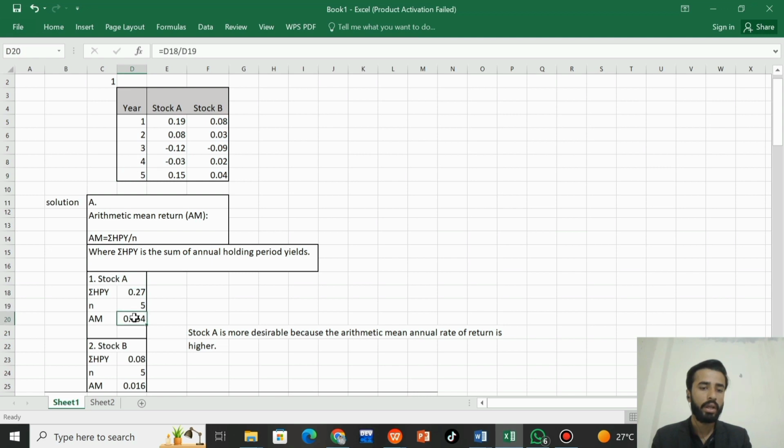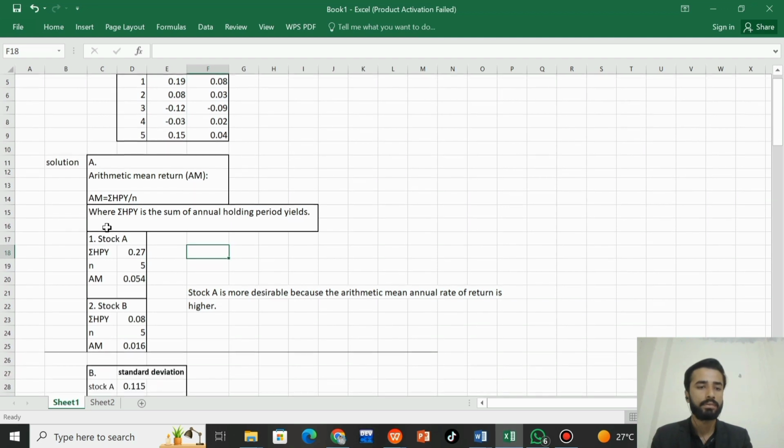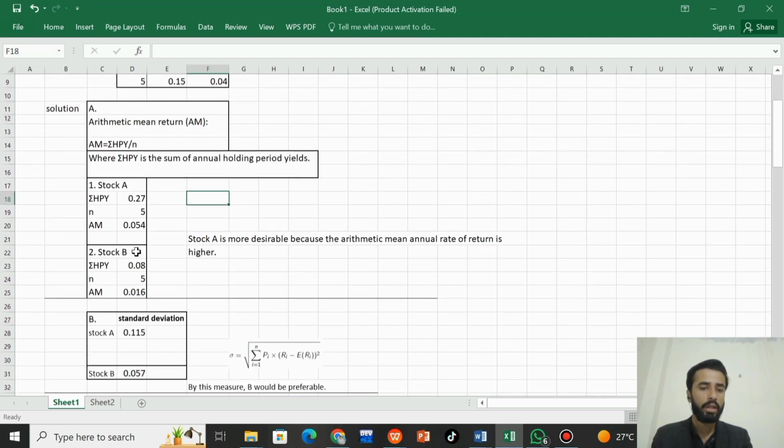Then we will calculate the arithmetic mean return for stock A. For this we have divided the total of holding period yield by the number of years. So in this way we have got the answer 0.0554 arithmetic mean return for stock A. In this way we have calculated for B, which is 0.016.